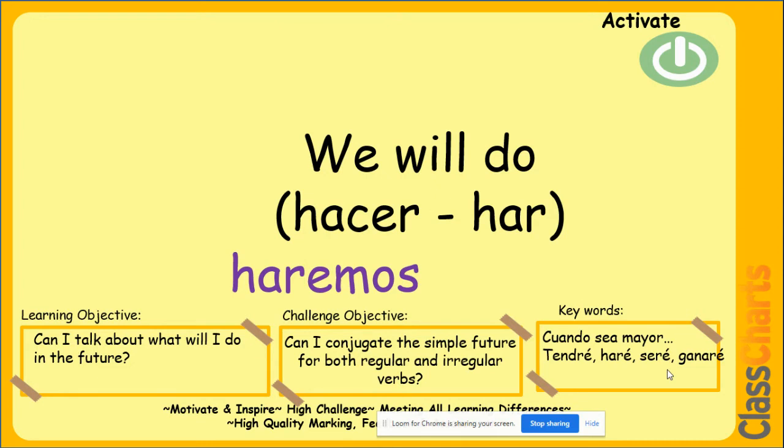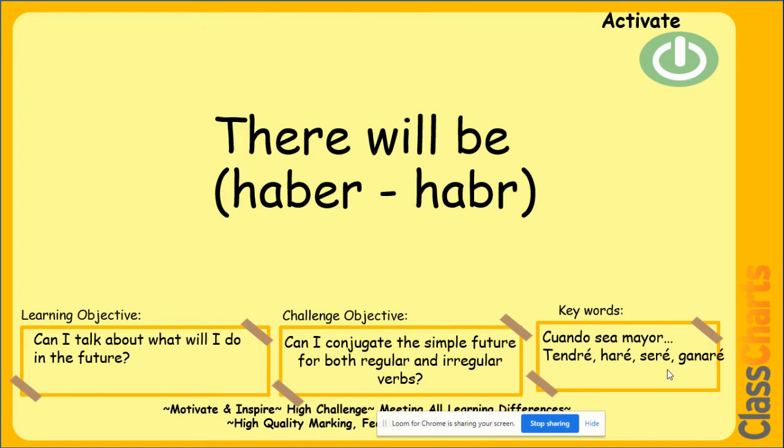Haremos. Fantastic. I think most of you are getting the gist of it. Okay? If you want to do a bit more practice, by all means, go over the video again and try to practice those verbs again. Okay? There's just one last one. There will be. So the will be is going to be the it form of the verb, yeah? He or she or it.